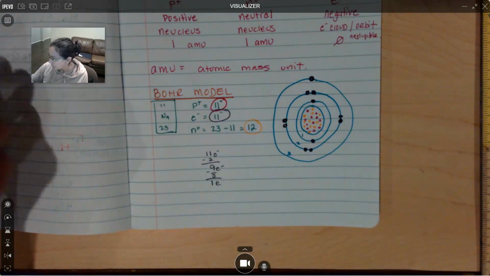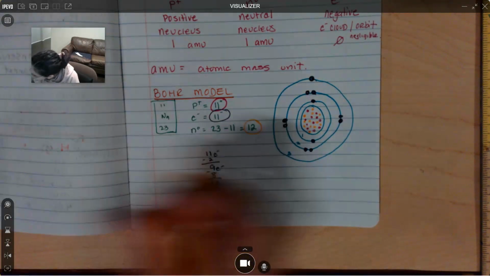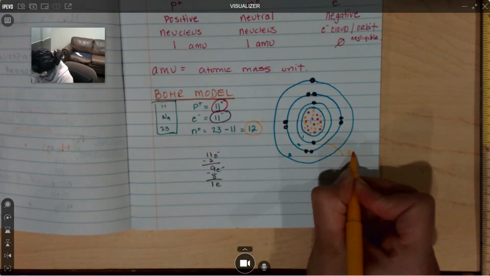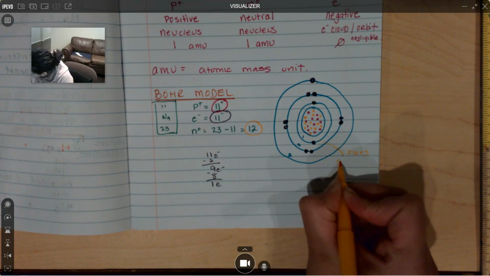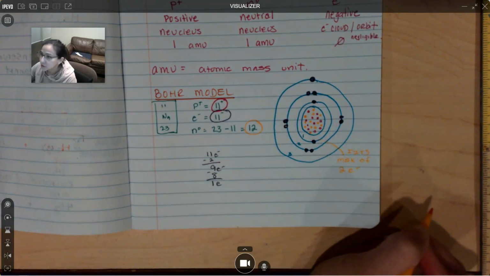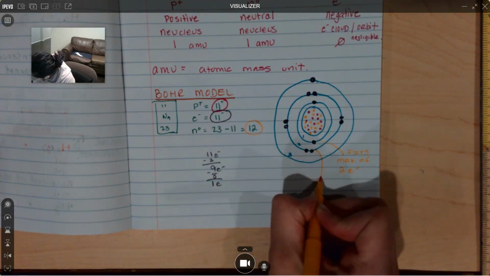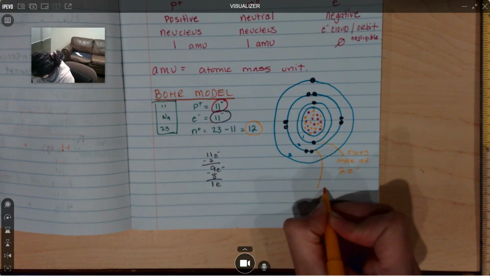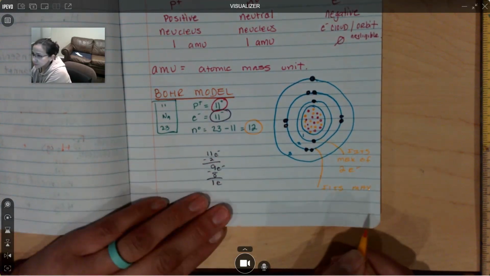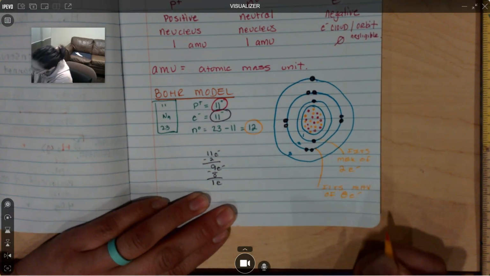All right, so a couple of things for us to know is that in energy level 1, fixed mass of 2 electrons. Energy level 2, fixed mass of 8 electrons.